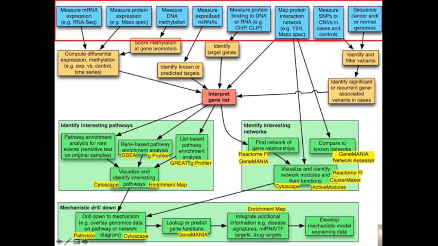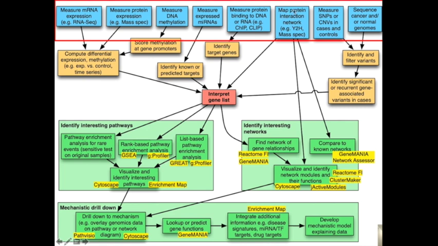Similarly, microRNAs, if we measure their expression, we have to link them to other genes using known or predicted targets. Protein binding to DNA or RNA, for instance with chromatin immunoprecipitation, again we have to identify target genes because we might identify a region of the genome that is bound by a protein of interest, but that might not be a gene. It might be near a gene or it could be quite far from a gene, so additional work is required to identify target genes.